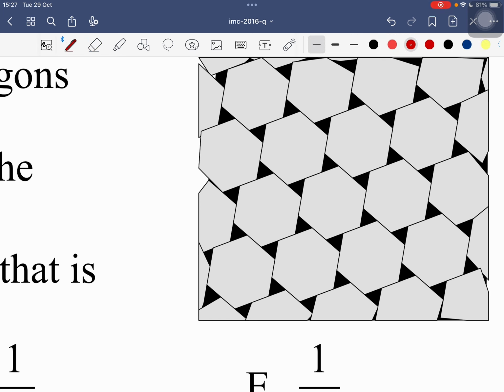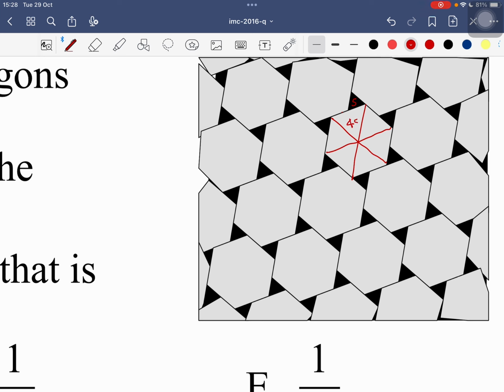Then let's say if this triangle has this area of S, because this is the half, and we know the hexagon has 6 equilateral triangles, and this has the length of twice, which has quadruple the area.